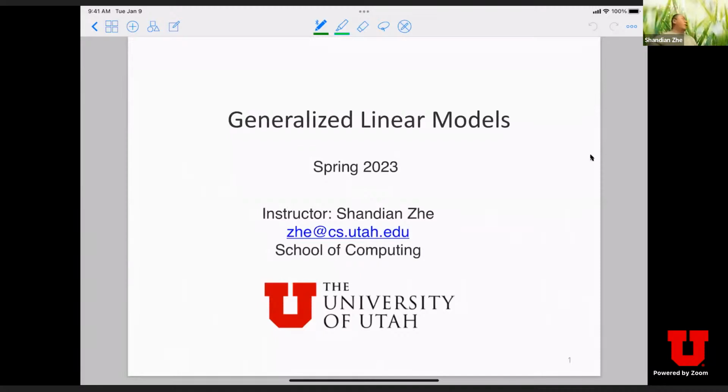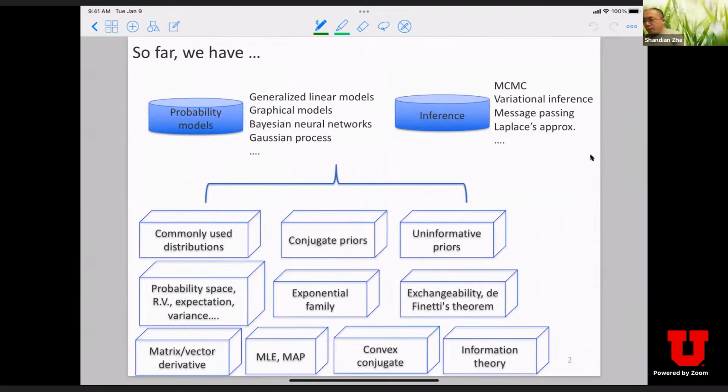Okay, today we're going to talk about generalized linear models, a type of widely used probabilistic models in probabilistic learning. Before we talk about the details, we can take a look at what we have discussed so far. We built up our discussion in a bottom-to-up fashion.